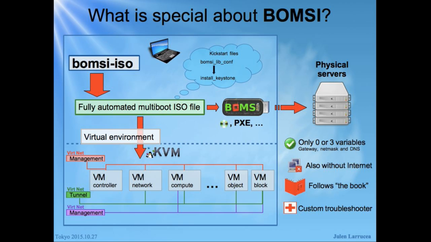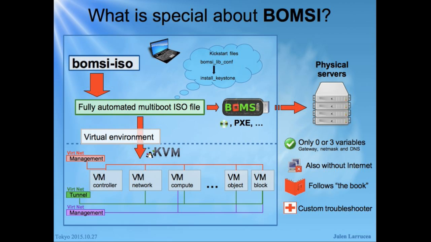It also contains a multi-boot interface at the beginning, so you can choose which machine you boot, although it can also set defaults. BOMSI gives two possibilities for this ISO file. You can either create a local virtual environment using these ISO files as virtual machines, creating virtual networks, or BOMSI can copy the ISO file to a bootable pen drive, which you can use for installing your physical infrastructure.